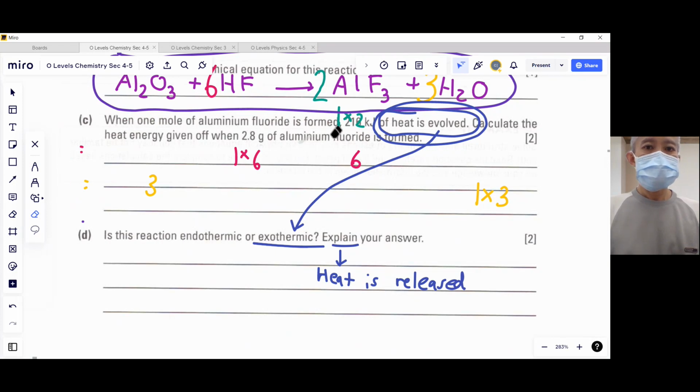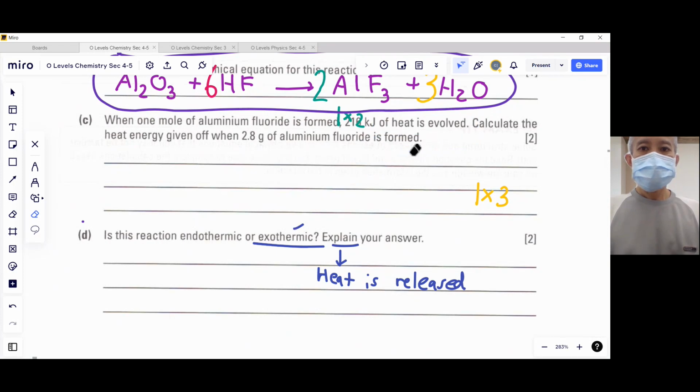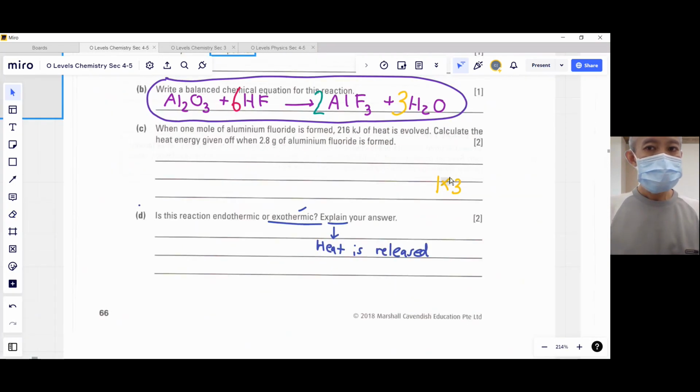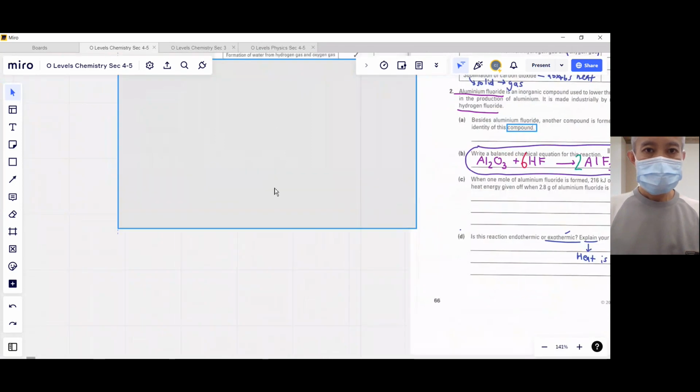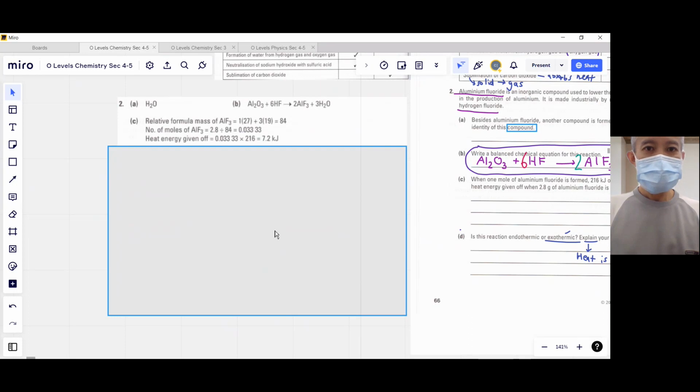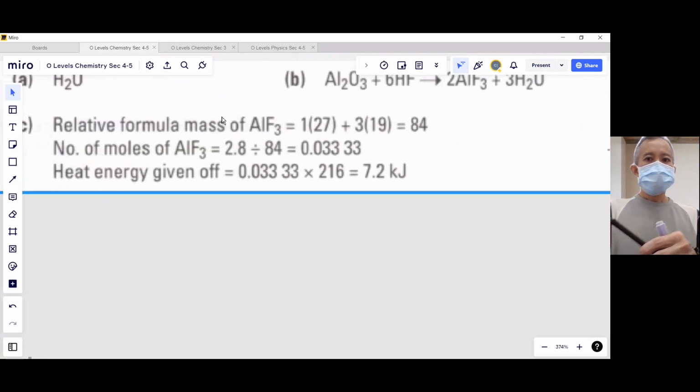Part C. Of course, you have to calculate the Mr. Find out the number of moles of Mr. Each mole gives out 216 kilojoules. Number of moles times kilojoules will give you your actual heat given off.